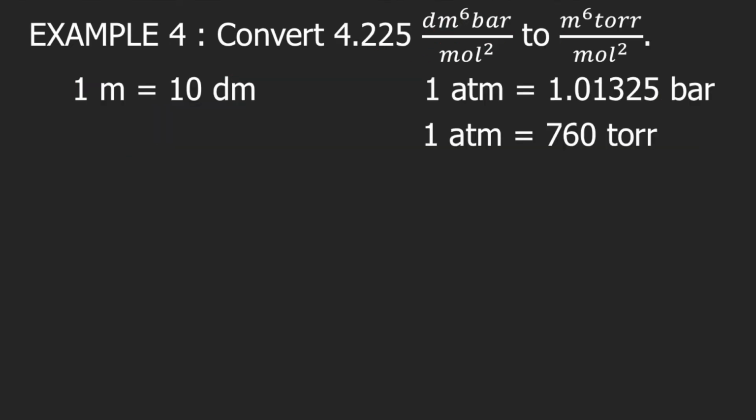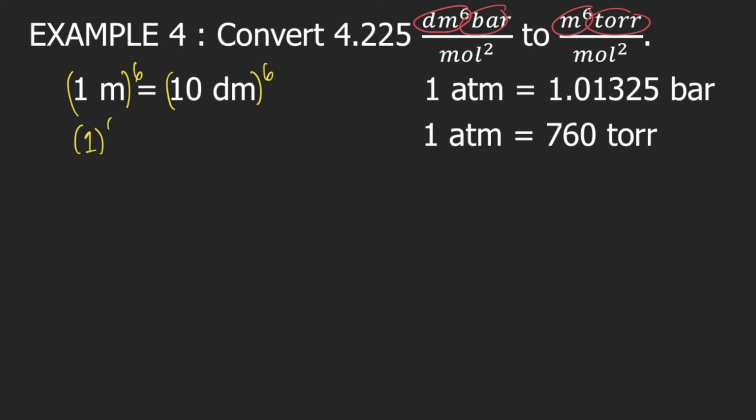For our last example, convert 4.225 dm raised to 6 bar per mole squared to meter raised to 6 torr per mole squared. So we will be converting dm raised to 6 to meter raised to 6 and then bar to torr. To convert dm raised to 6 to meter raised to 6, the exponent is 6, so you will raise both sides to 6.